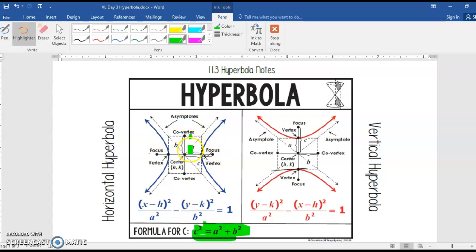The derivation is beyond the scope of this course, but it's an interesting derivation, because c is the hypotenuse, but how is the hypotenuse related to this? All of this is figured out in another derivation, which is not part of this video.